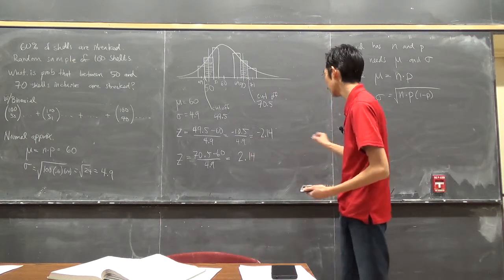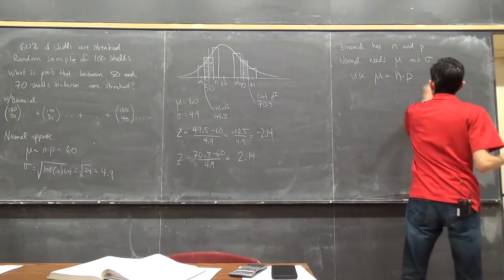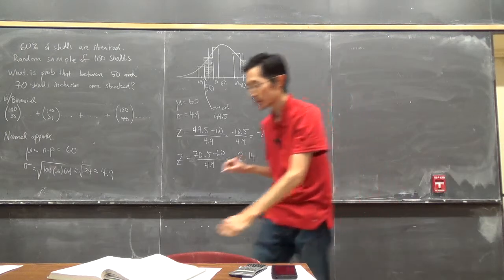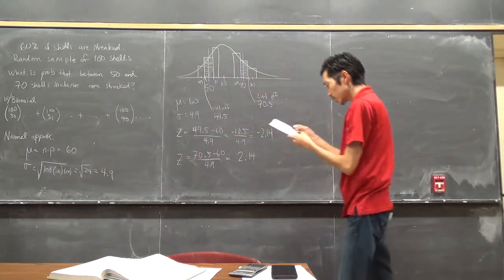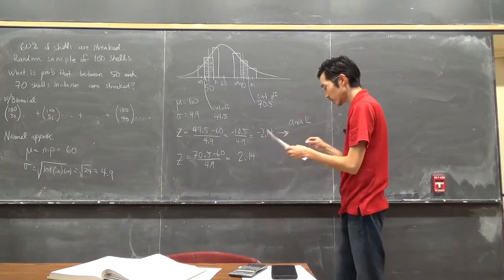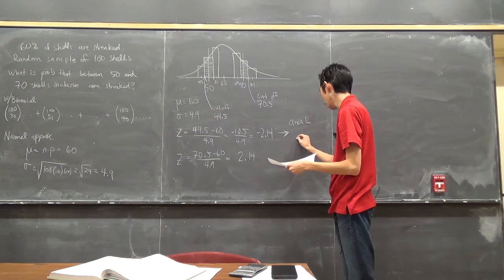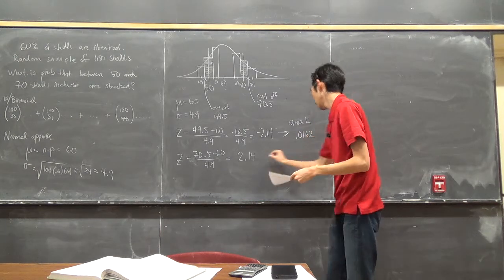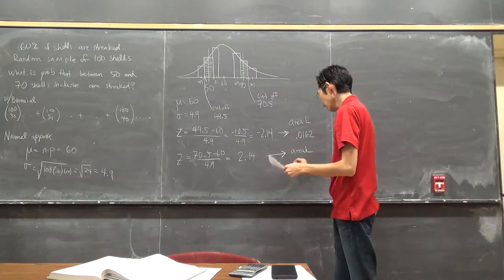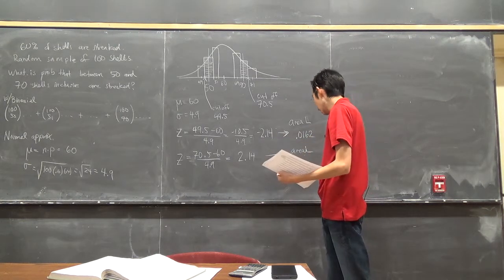I would look this up in the z table. I look up negative 2.14, and the area to the left of negative 2.14 is 0.0162. And over here, the area to the left is going to be 0.9838.